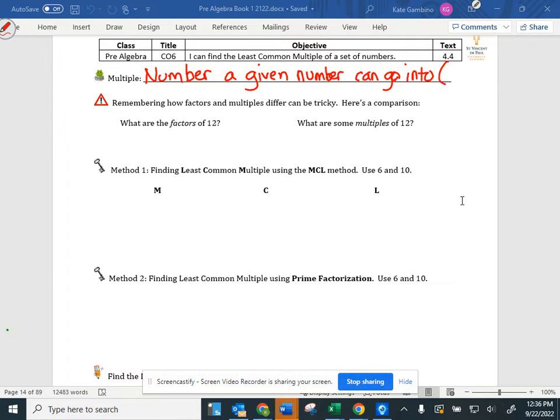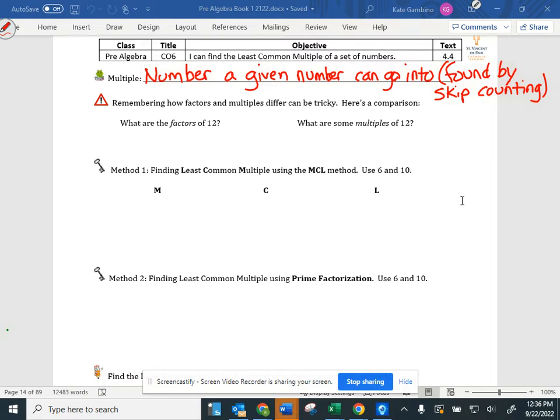So it's found by skip counting. Which is multiplying. When you skip count, you're multiplying.